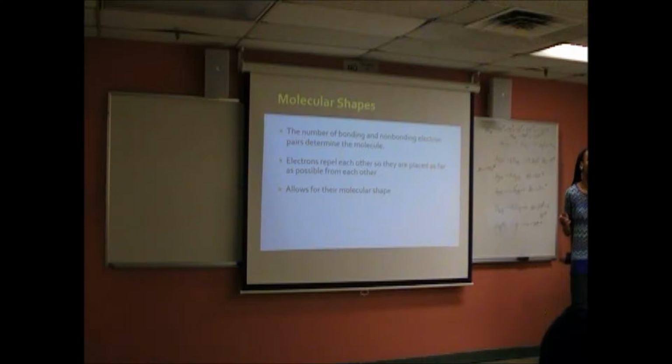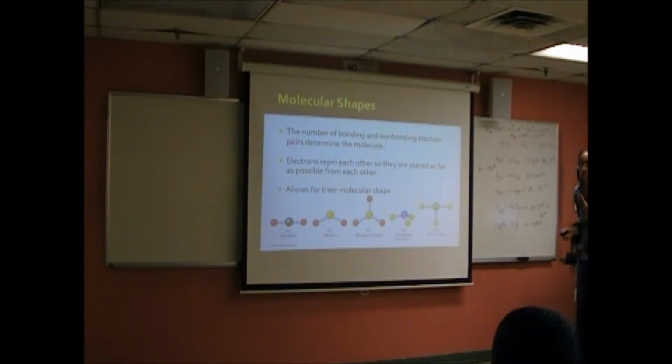This is what gives you your molecular shape. Our shape examples are linear, bent, trigonal planar, trigonal pyramidal, or T-shaped. These are some of the types of shapes that we will have.